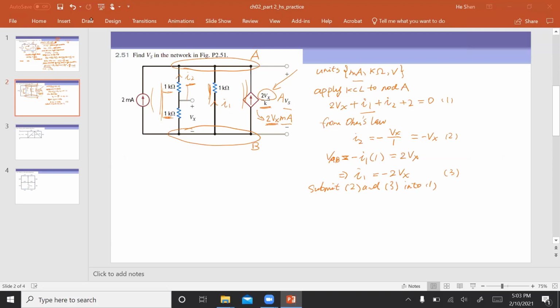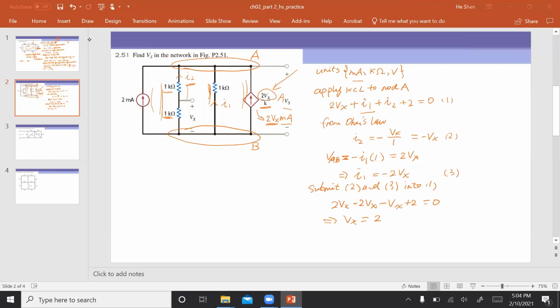We have 2Vx plus I1, where I1 is negative 2Vx, plus I2, where I2 is negative Vx, plus 2, that is equal to 0. So we can find Vx is equal to 2.